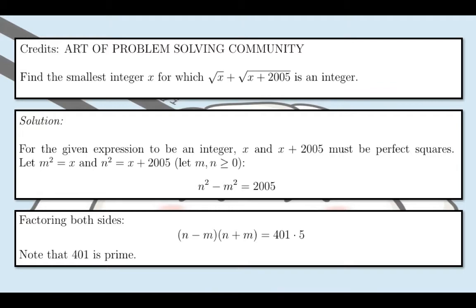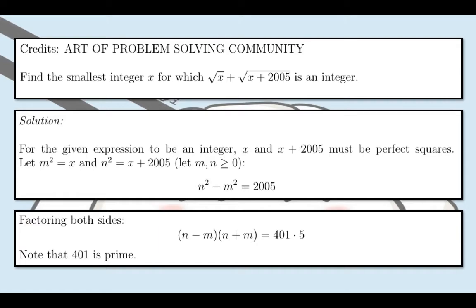Note that 401 is prime, therefore the prime factorization of 2005 is 401 times 5. There are numerous ways to find how 401 is prime, the most famous one being the sieve of Eratosthenes. So you can look up on that and study, just in case you are unfamiliar with the topic.